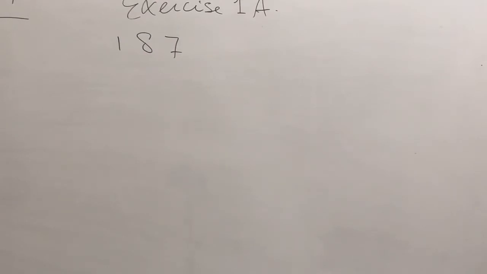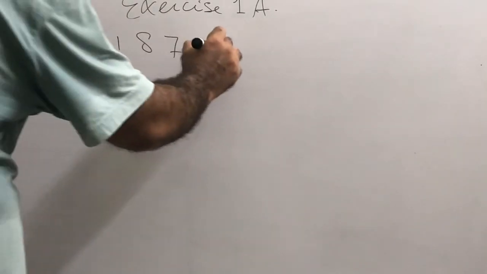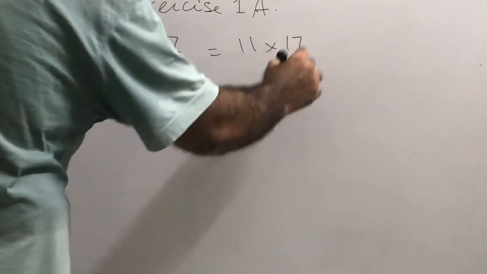It cannot be divided with 2, not with 3, not with 4, not with 5, not with 6, not with 7, not with 8. We see, if we go with 11, 11 ones are 11 and 11 7s are 77, 187. 17 ones are 17. So its prime factorization is 11 into 17.